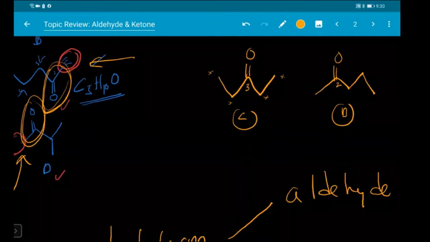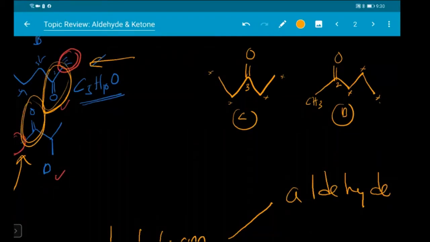But for B, sebelah kanan dia ada propyl. 1, 2, 3. CH2, CH2, CH3. Belah kiri dia ada CH3, a methyl group. Alright, a methyl group. So, kenapa perlu ada methyl group?